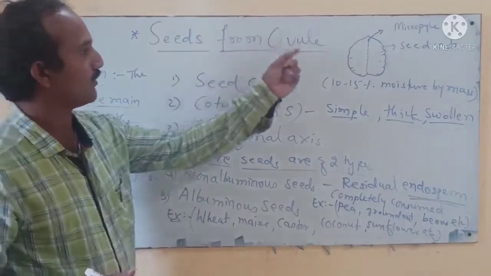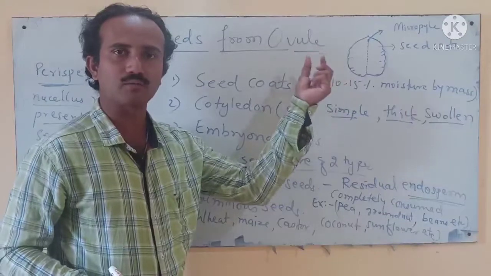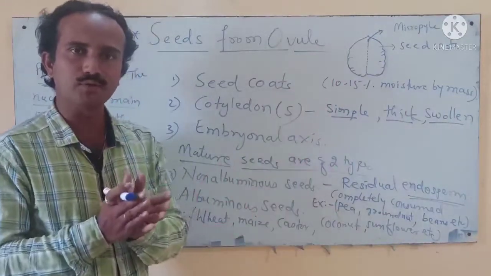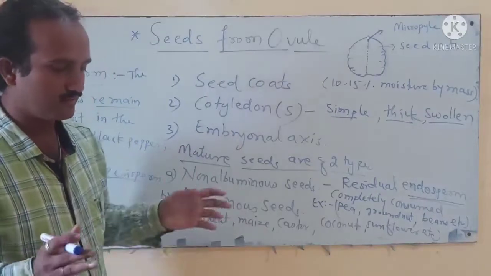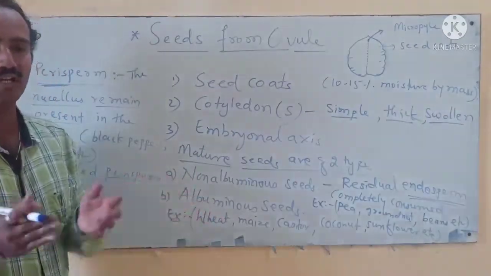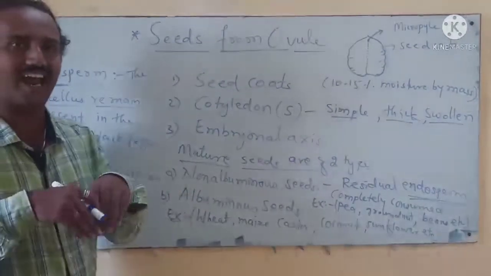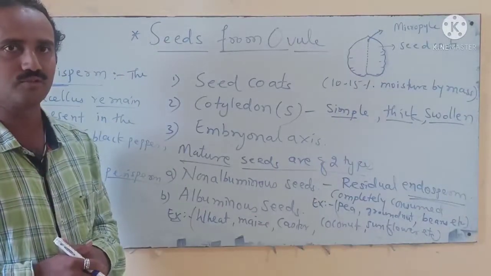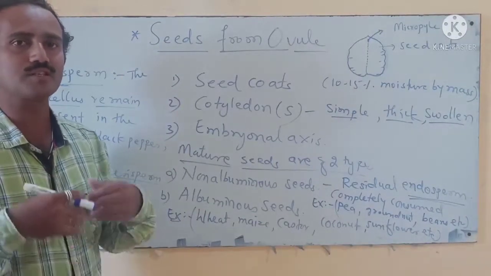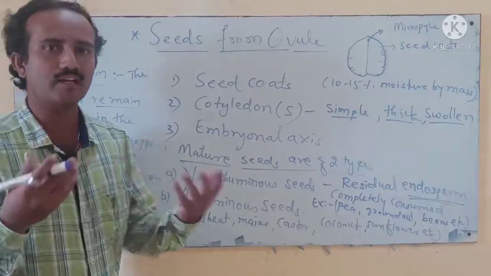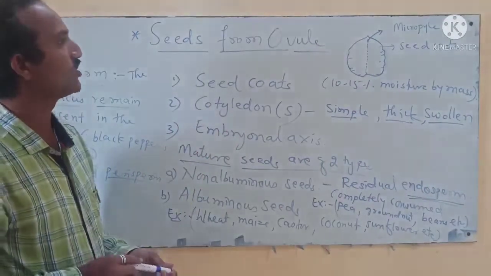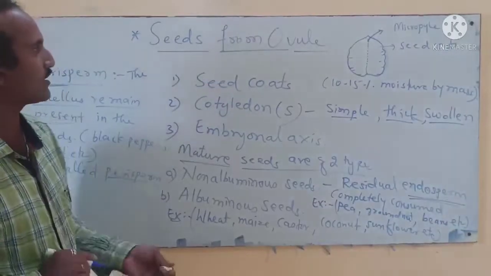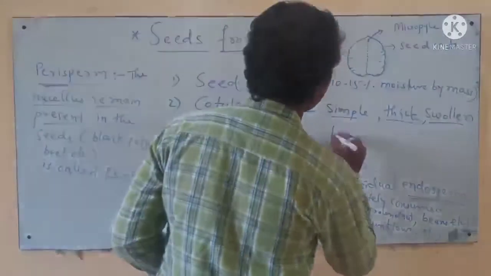The general metabolic activity of the embryo slows down. Due to that, the embryo enters into the inactive stage. That inactive stage is called dormancy. Remember the term dormancy.